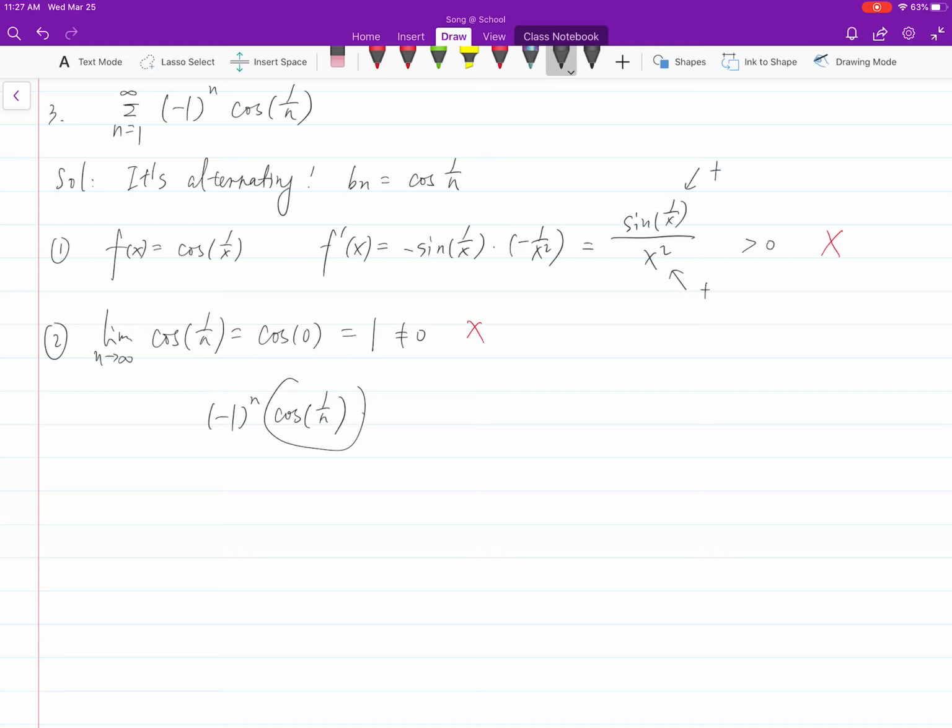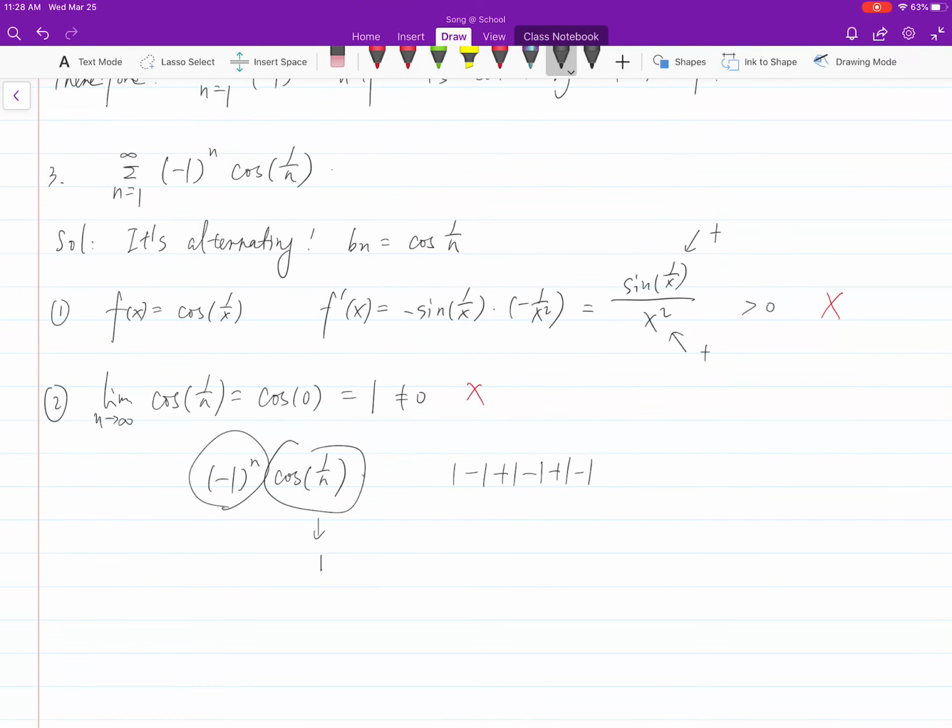Number 1, this is going to be very close to 1. Number 2, this is going to keep alternating. So basically, when n is large, you're just doing almost 1 minus 1 plus 1 minus 1 plus 1 minus 1. And clearly, this one is divergent due to the test of divergence.